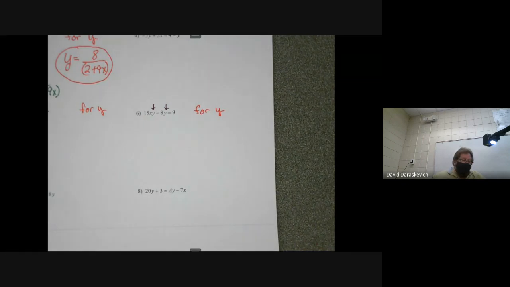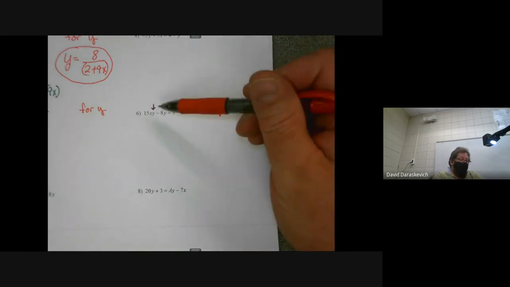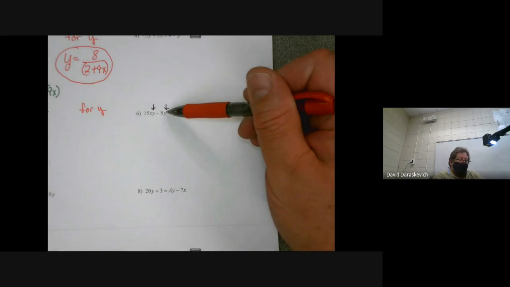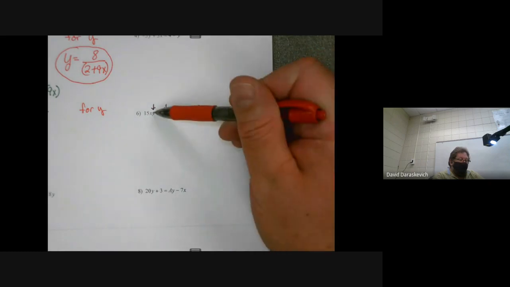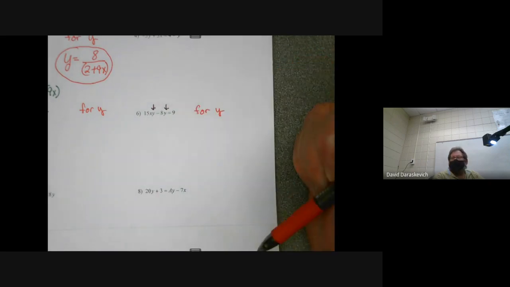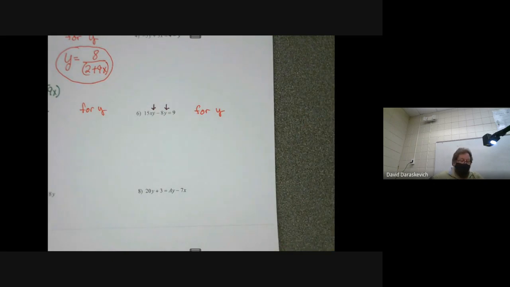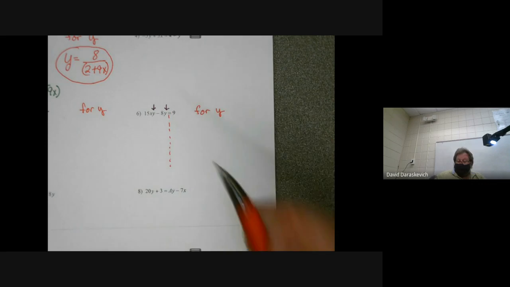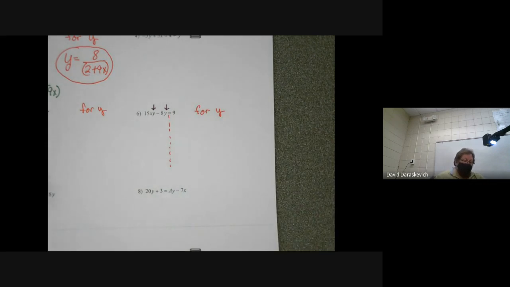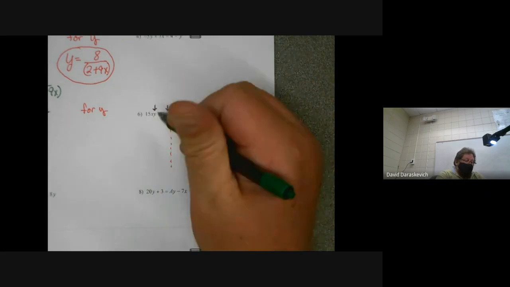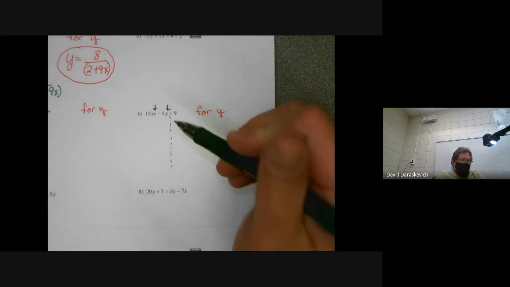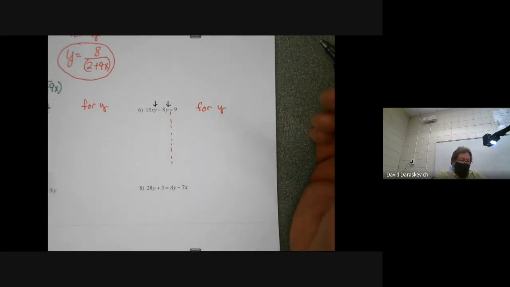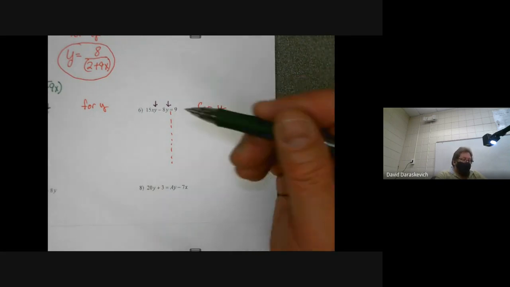So whenever I have the same variable that I'm solving for in 2 unlike terms, I'm going to have to eventually, at some point, do what we like to call undistribute. In other words, we're going to use the distributive property backwards.